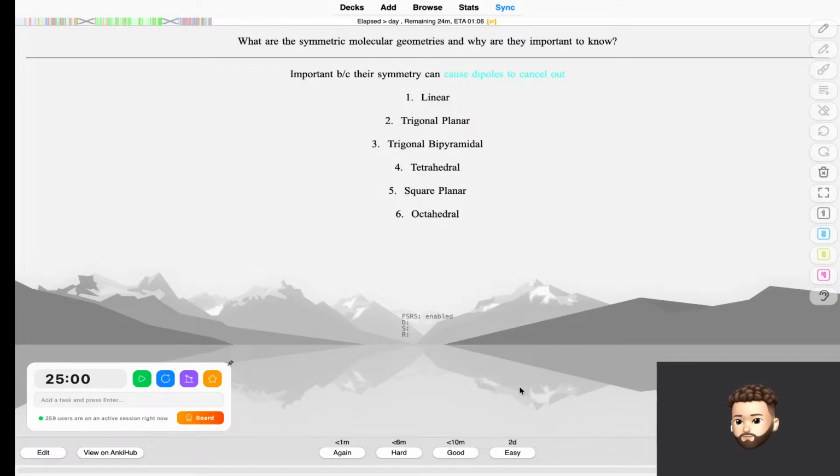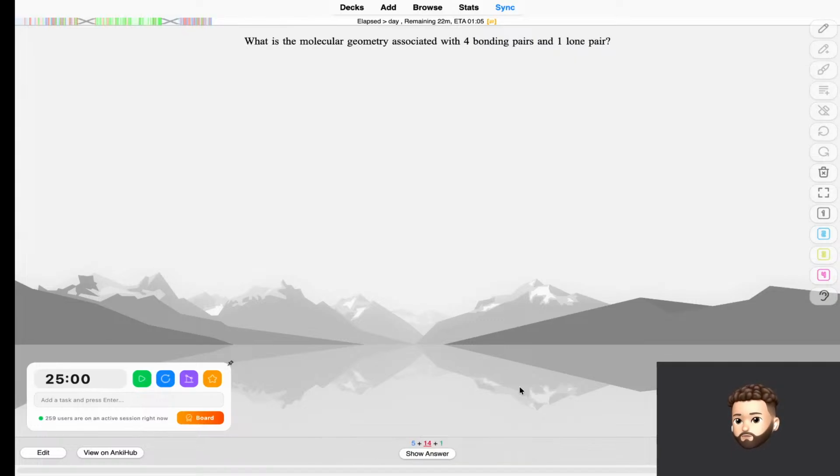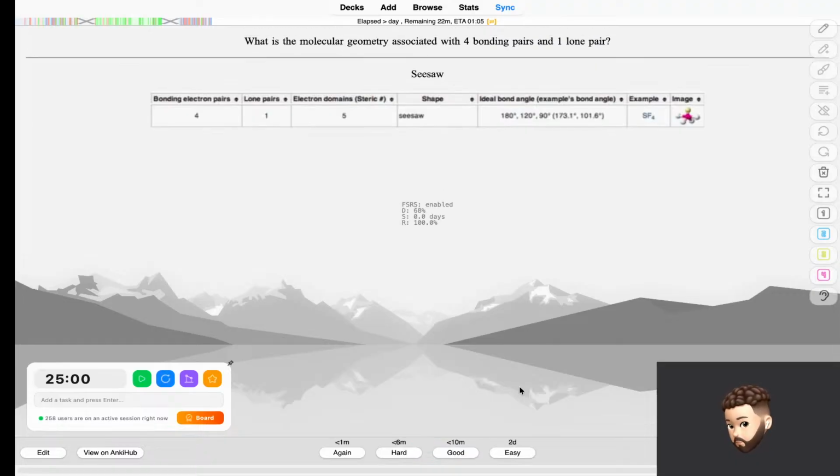What is the molecular geometry associated with four bonding pairs and one lone pair? This is seesaw. It's 90, 120, and 180.